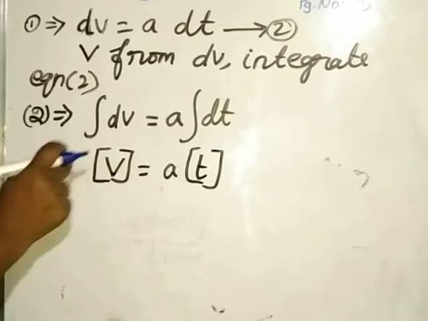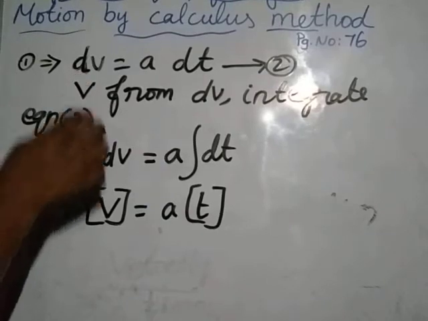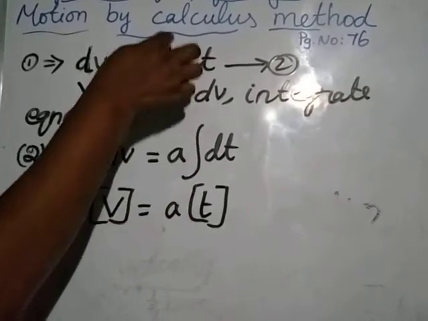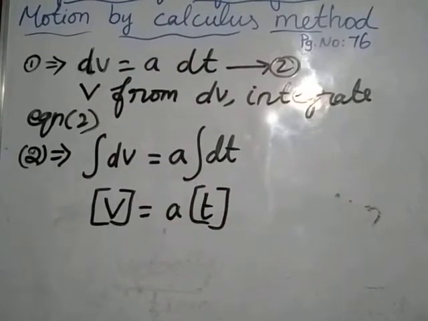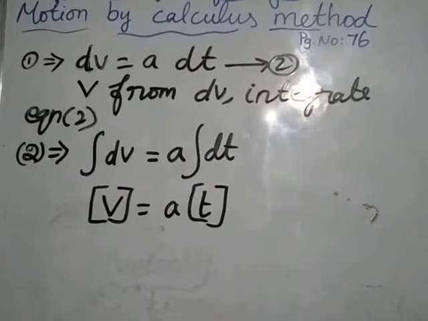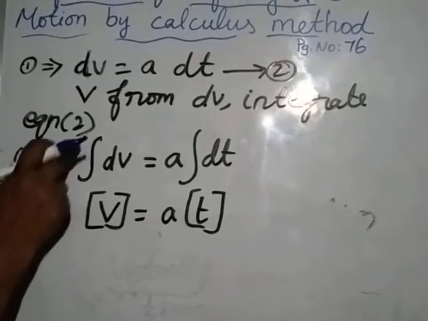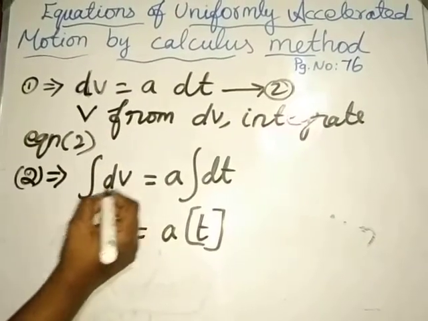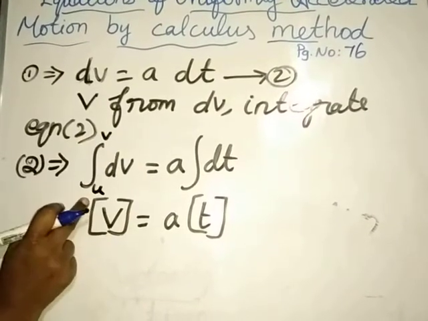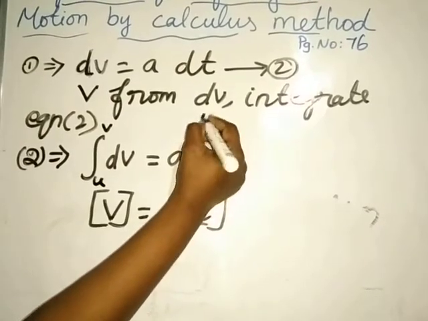Now we are going to apply the limits. For velocity, the limits vary from initial velocity to final velocity, u to v. Time varies from 0 to t.